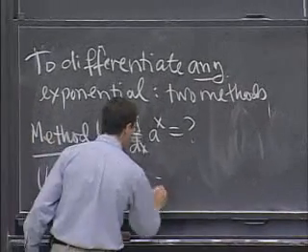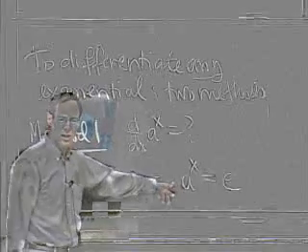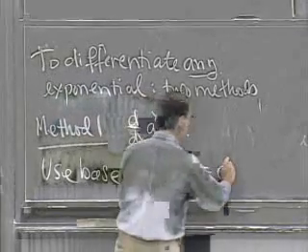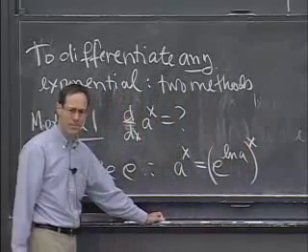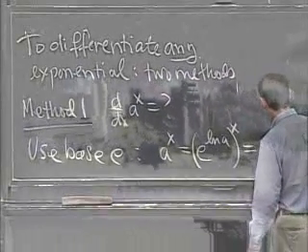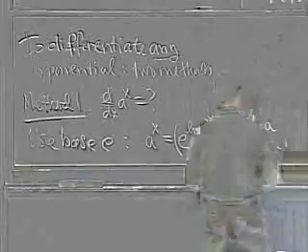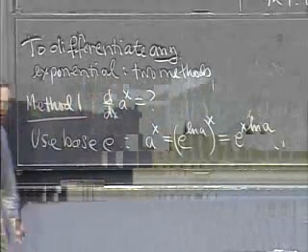So how do you convert to base e? Well, you write a to the x as e to some power. So what power is it? It is e to the power log a to the power x, and that is just e to the x log a.